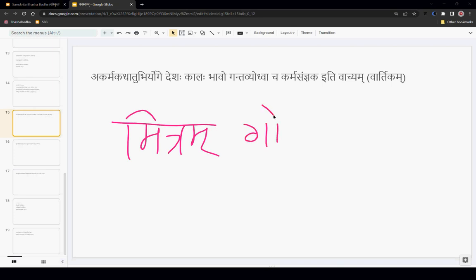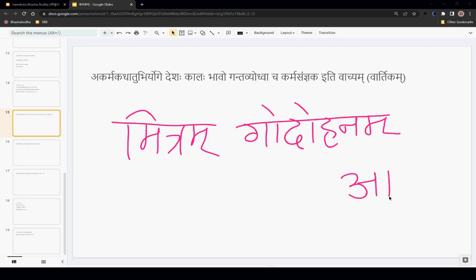This is the example given, godohanam, because go was the main thing. Most of the examples are with go, dogri, all that. So godohanam aste, not asti, aste. Aste means sitting, upavishati iti artha, from the asudhatu. It can use upavishati also. Mitram godohanam aste. Asudhatu and upavishadhatu are akarmaka, we know that.